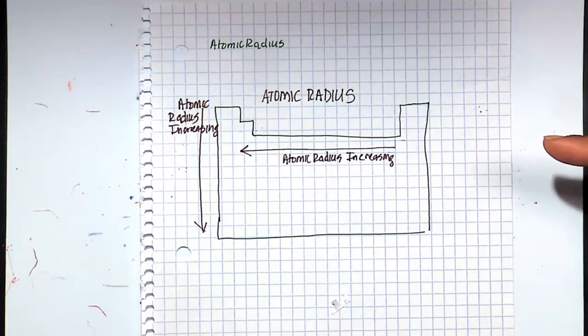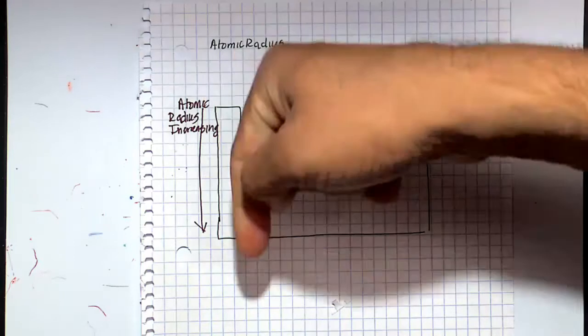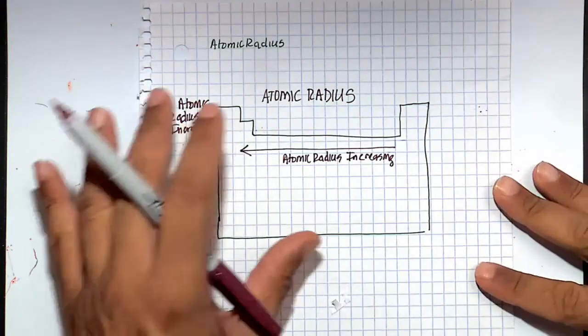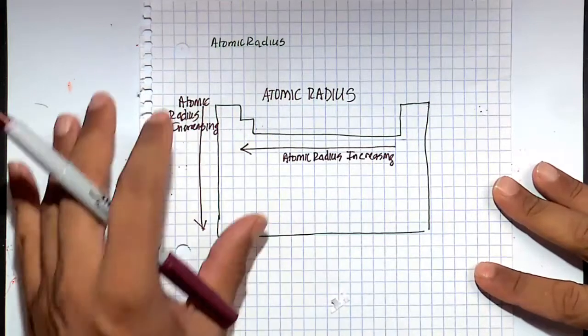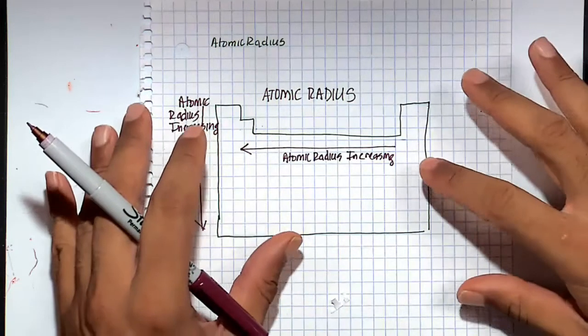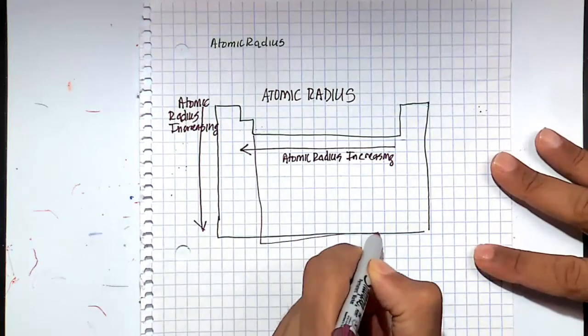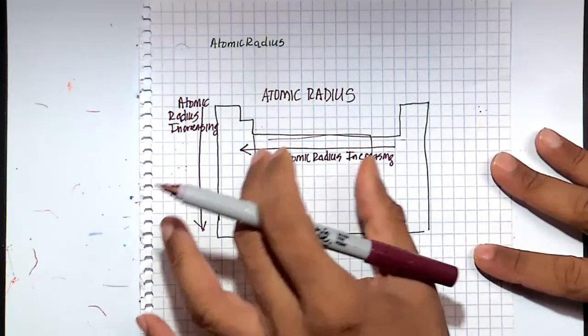The reason why the atomic radius increases from right to left across a period and increases down a group: across a period, it's simply because the s electrons here like to lose electrons to attain noble gas status. Now looking at the transition metals, it's really iffy.